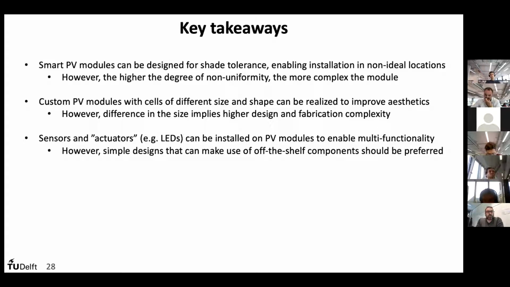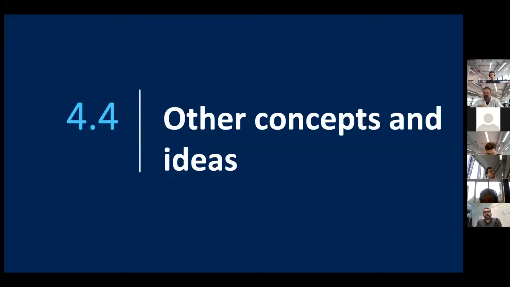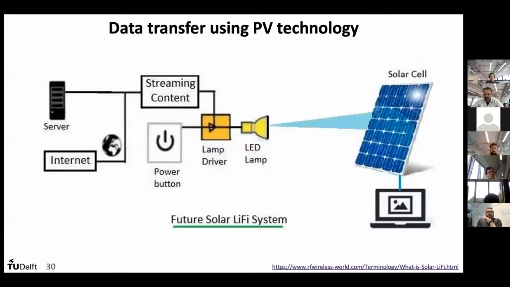There are also other concepts and ideas that belong to the photovoltaics area. One of these is to enable data transfer using PV technology. What you see in this figure is a monodirectional communication. On the left, you have a system that through a LED lamp can send a signal that is information, in this case, so those are data.